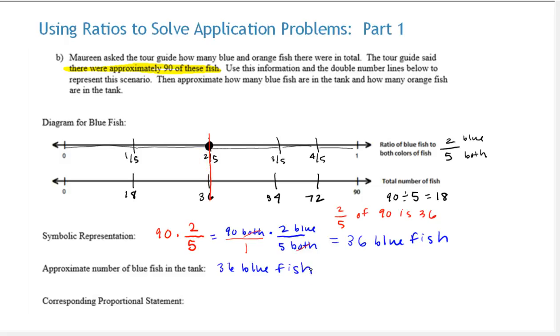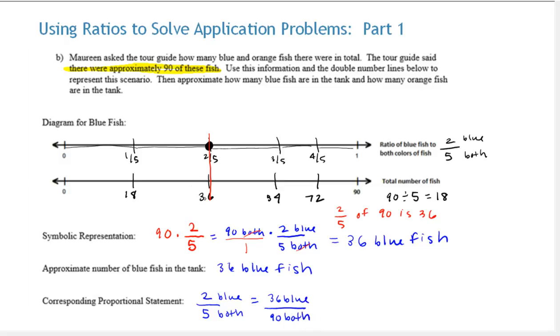And now we want to write our corresponding proportional statement. So if you read through the packet, a proportional statement is a statement that 2 ratios are equal. Okay, so our ratios here were that, again, I'm going to start by writing units. So 2 blue for every 5 of both colors is equal to the 36 blue over the 90 of both colors.